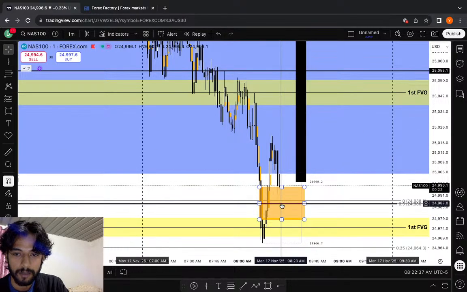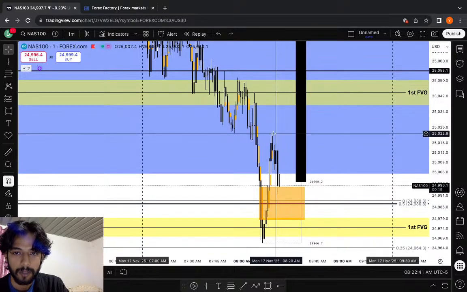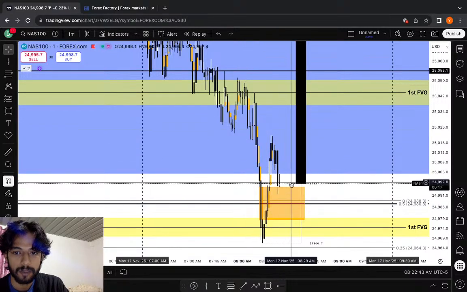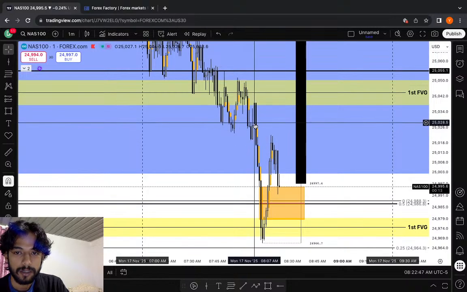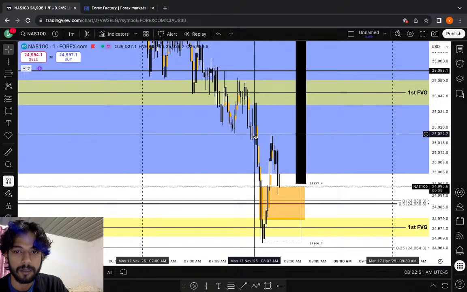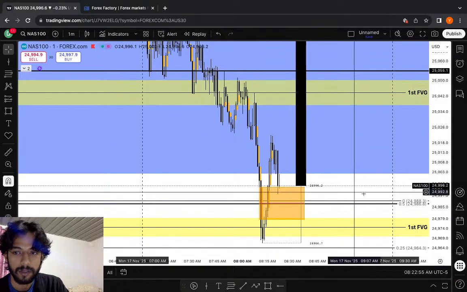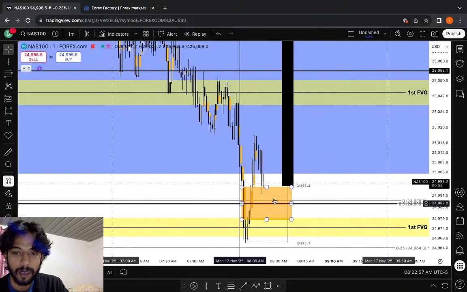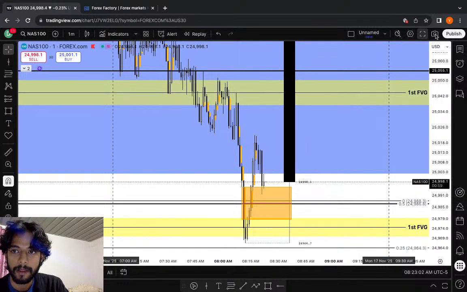See right there, the bodies of the candle should stay above. But currently what's happening, price is trying to move lower, came up inside this sell side imbalance, buy side inefficiency, then retracing on the downside. But let's see how the bodies of the candle react inside this gap right here.